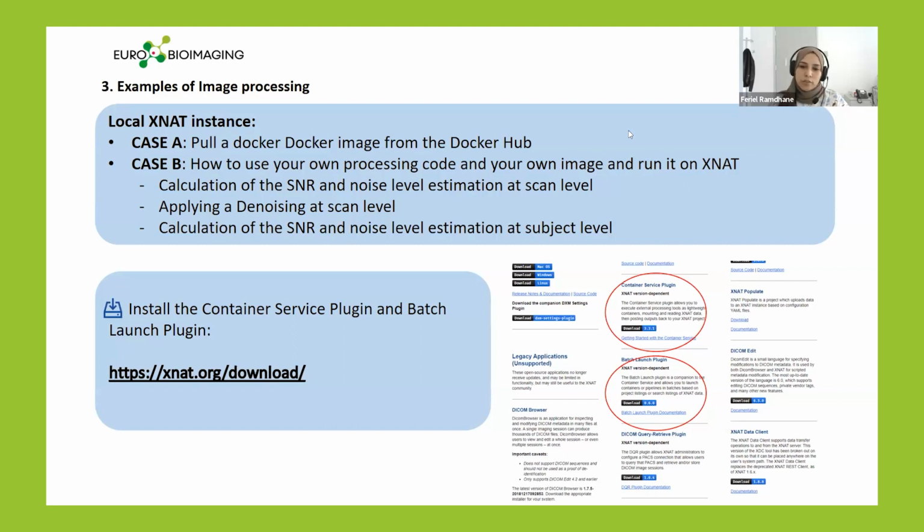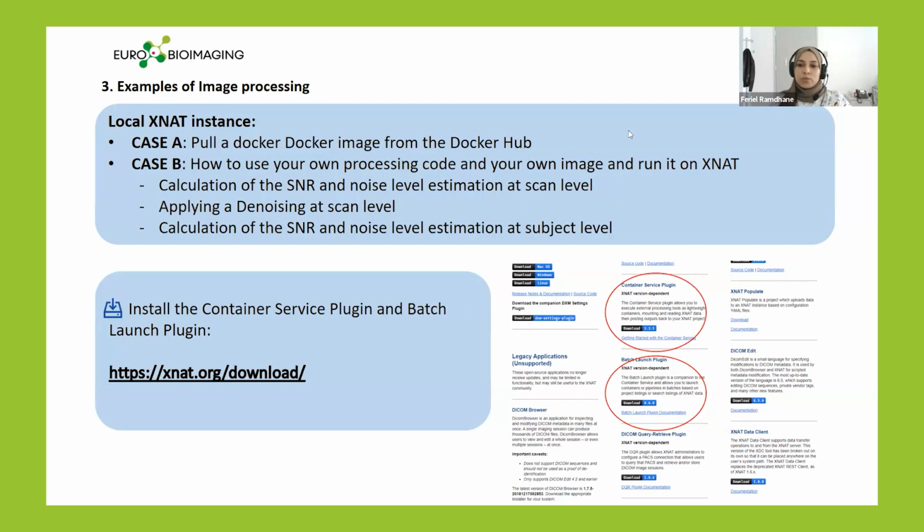It will be dedicated to Rician noise. And we are using Python, and it will be applied to the already uploaded project from XNAT at the scan level. And then I will show you the same calculation at the subject level, and then an example of a denoising method at the scan level.